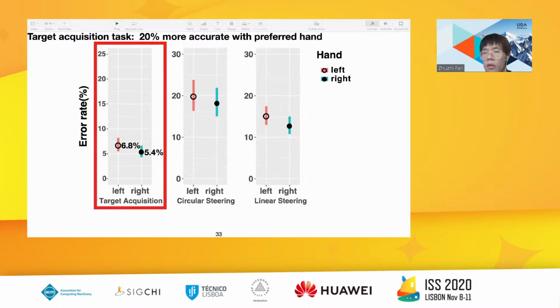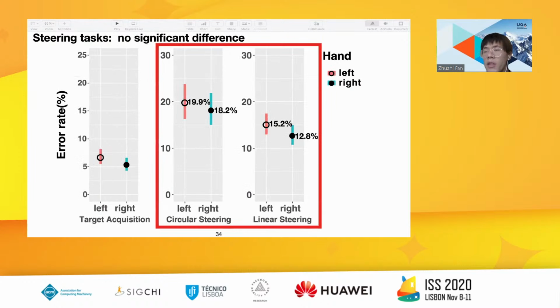For the error rate, we found that participants' preferred hand was on average 20% more accurate in target acquisition, with an average error rate of 5.4% versus 6.8%. In the two steering tasks, participants' preferred hand was on average more accurate. However, ANOVA shows no significant difference.